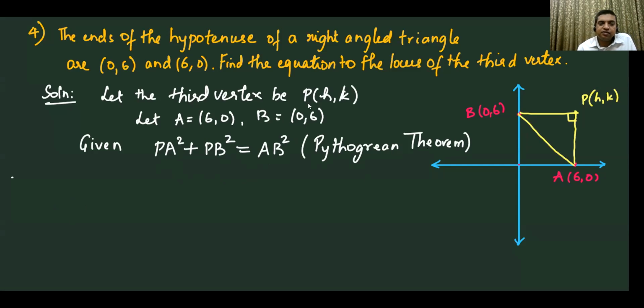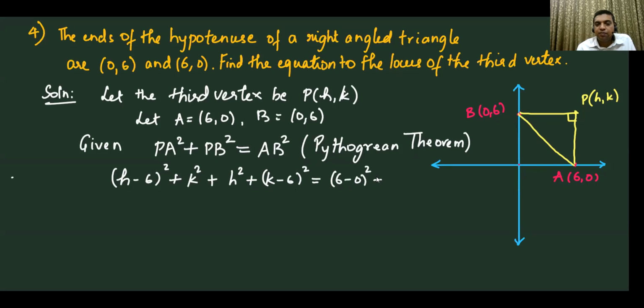All right, so now let us do that. PA square is (h minus 6) the whole square plus (k minus 0) the whole square. PB square is (h minus 0) the whole square plus (k minus 6) the whole square, is equal to, what is AB square? (6 minus 0) the whole square plus (0 minus 6) the whole square.